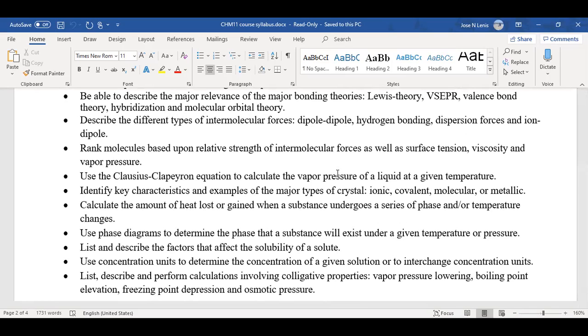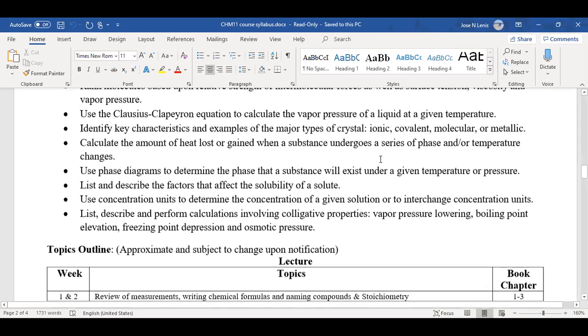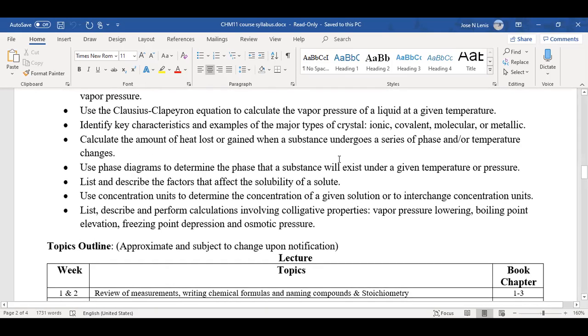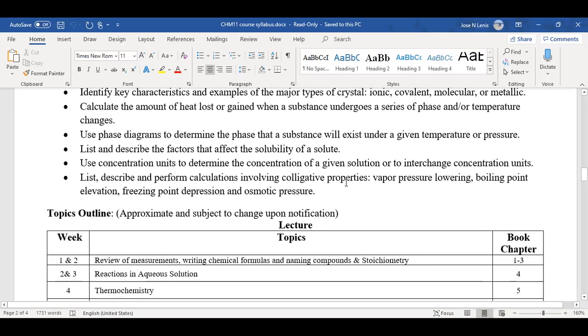And during the last chapter, we are going to cover colligative properties, especially 2 very important colligative properties: the freezing point depression and boiling point elevation. All right, and that will be the end of the course.